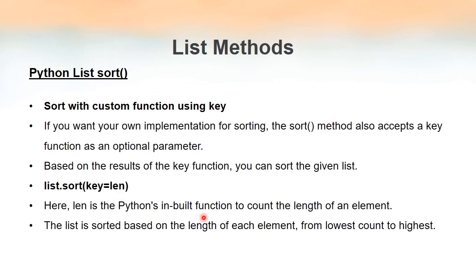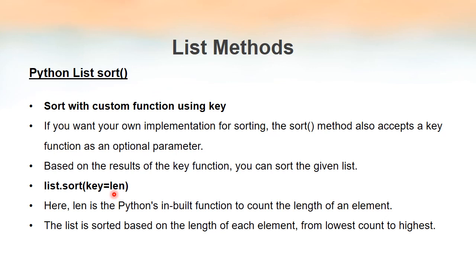Here len is actually Python's built-in function that is used to count the length of an element. So len is used for finding out the length of an element. So if you have mentioned key equal to len, that means we are asking to sort this list based on the length of each element.